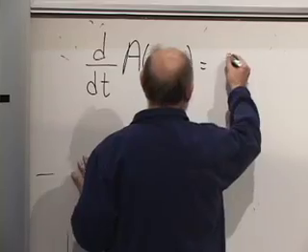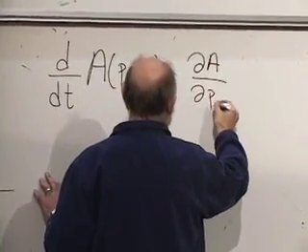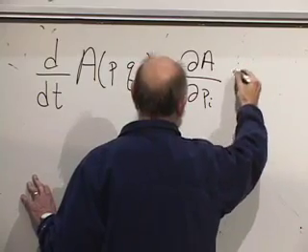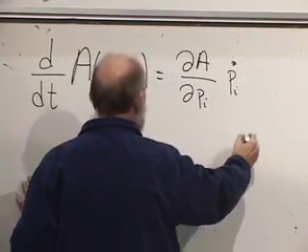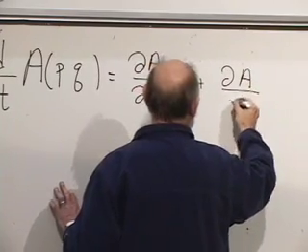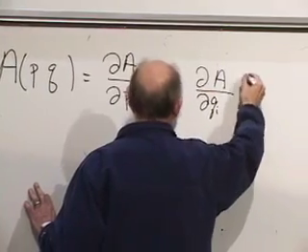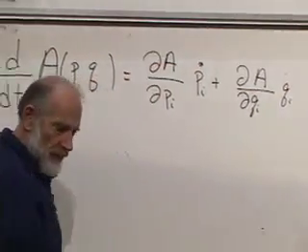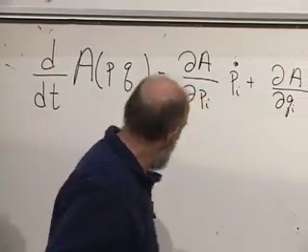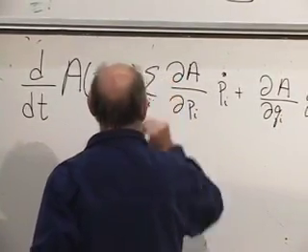It's the derivative of A with respect to P_i times P_i dot, plus the derivative of A with respect to Q_i times Q_i dot. I'm going to write the summation sign explicitly now for a little while. Summation over i.